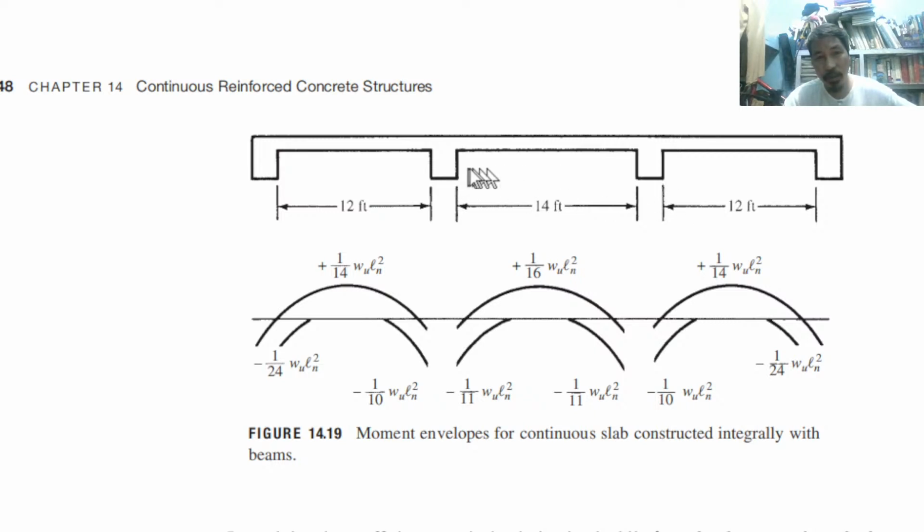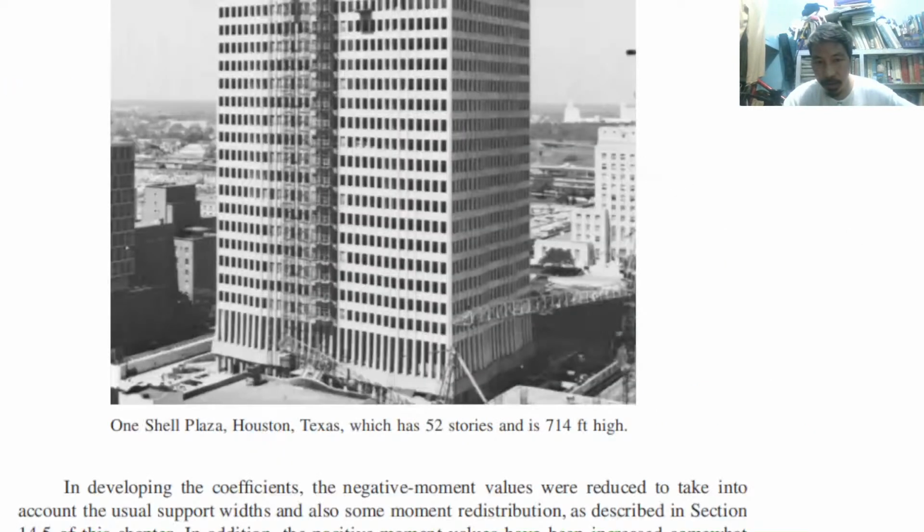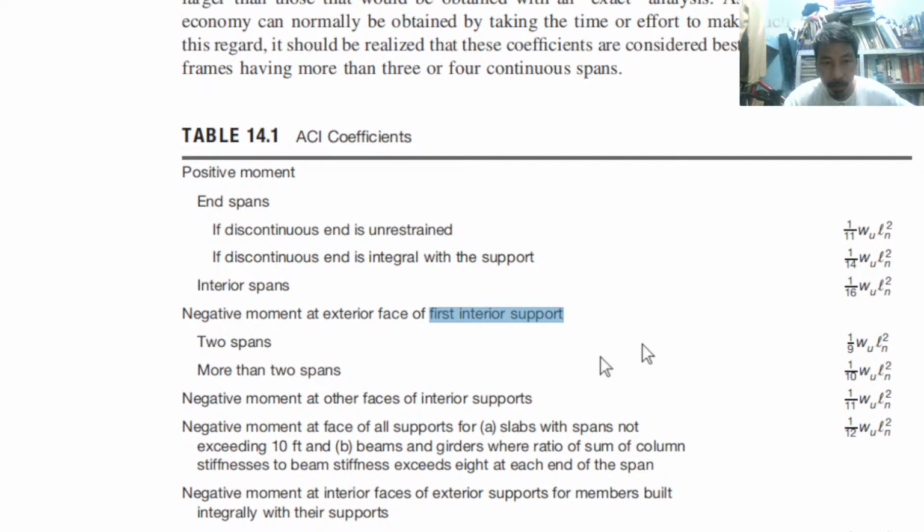So first interior, first interior. If there is another span here, then this will become second interior support. Okay? We know what we mean by first interior support.